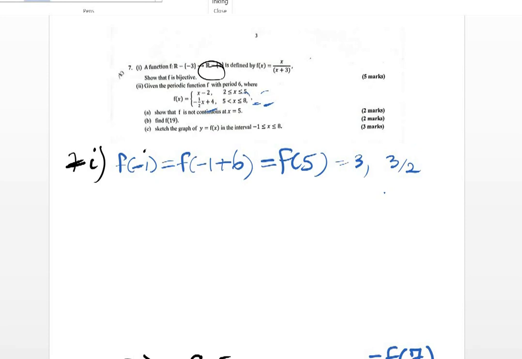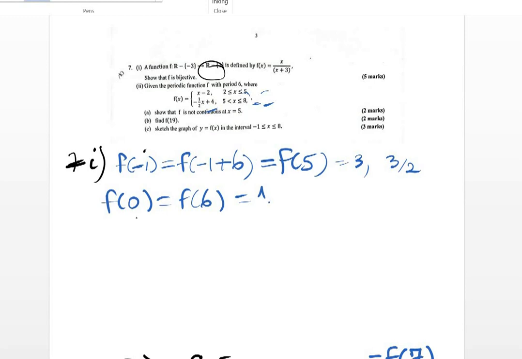Then we go to 0. 0 is not in this range, so it's 0 plus 6, because the period is 6. f of 6 falls in this one, since 6 is between 5 and 8. So negative half times 6 is -3 plus 4, which is 1.